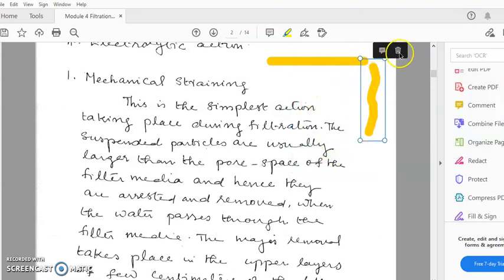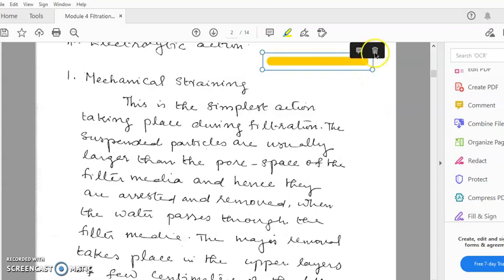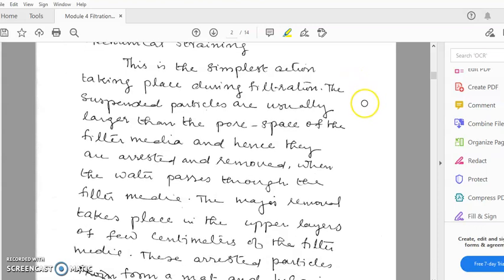The sand bed is filled in that container or in that tank, and the water is passing through the media. The media, we know, is nothing but the sand. So when the water is passing through the sand bed, the particles which are larger than the pore space are removed. That is the simple method of straining.